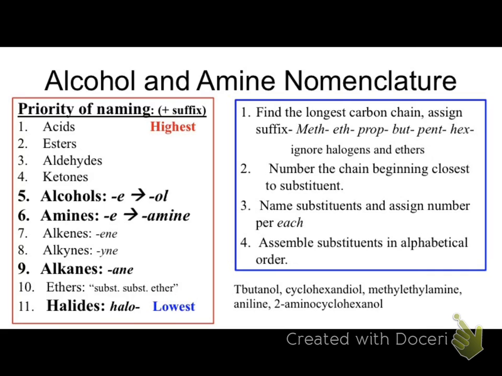We have to specify where the alkene is and where the alcohol is. 4-penten-2-ol. So where I would number it is based on your priority of naming. We want the alcohol to have the lowest number.